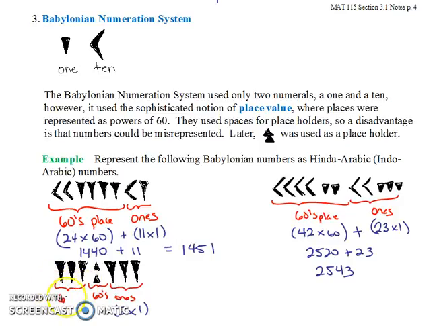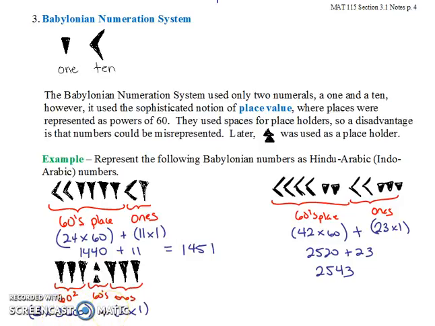This is our 60 squared. I told you it was a little freaky because that is 60 raised to the 2nd power. They're based on powers of 60. So 60 to the 0 is 1, 60 to the 1 is 60, 60 squared is actually 3,600. So that number, sorry, that number is 3, but it's in the 60 squared spot, so it's times 3,600.